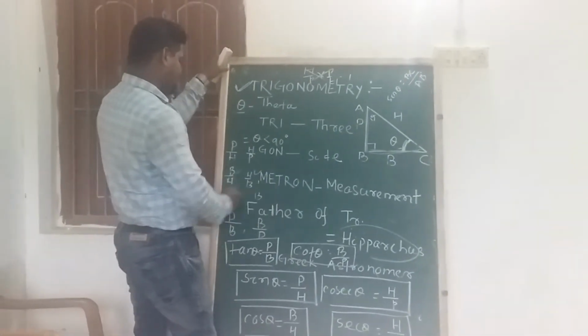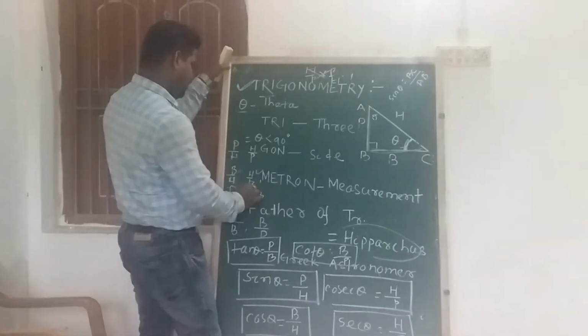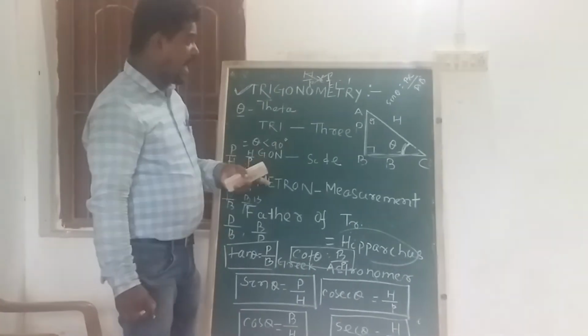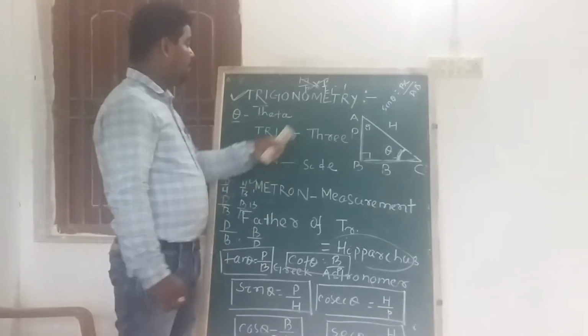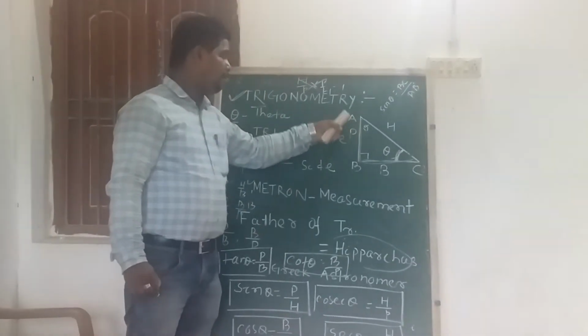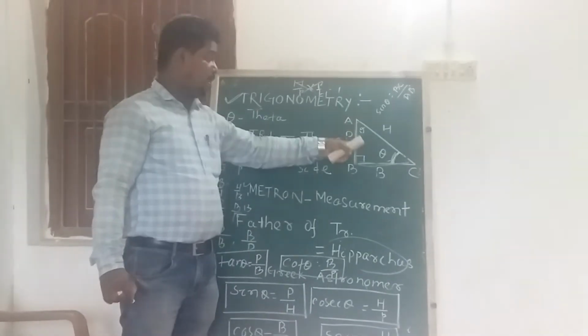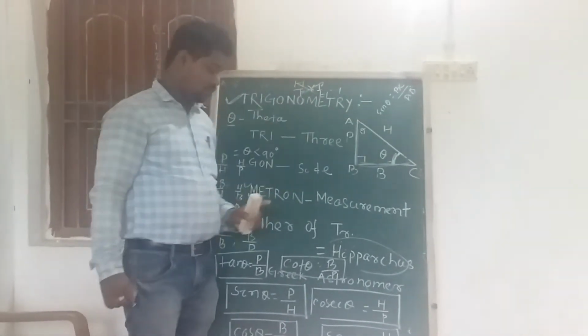Then the fifth ratio is P by B, and the reverse is B by P. That means in total 6 side ratios can be formed by using the symbols P, B, H. P is your perpendicular, B is your base and H is your hypotenuse.